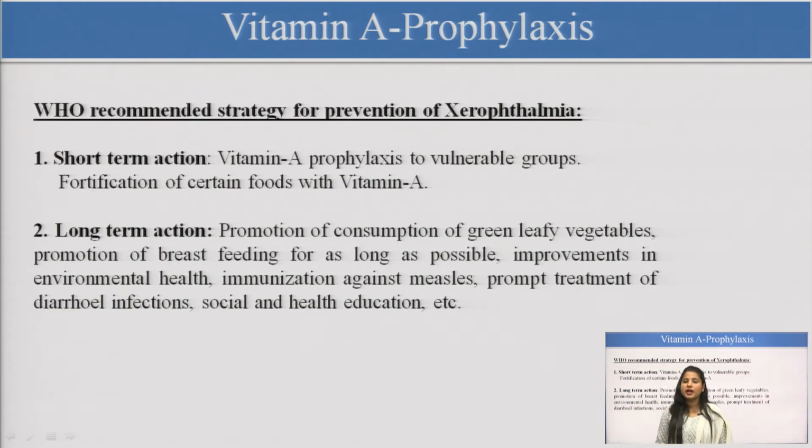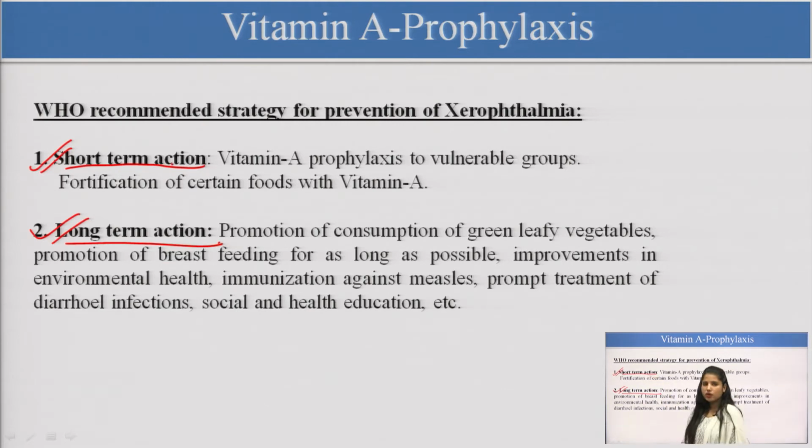Then what are the programs after that? If we come to the conclusion that yes, the population is suffering from xerophthalmia or vitamin A deficiency, on that basis we have some programs we can launch. That is a WHO recommended strategy. Okay, the World Health Organization provided some points. So, one is the short term action, another is the long term action.